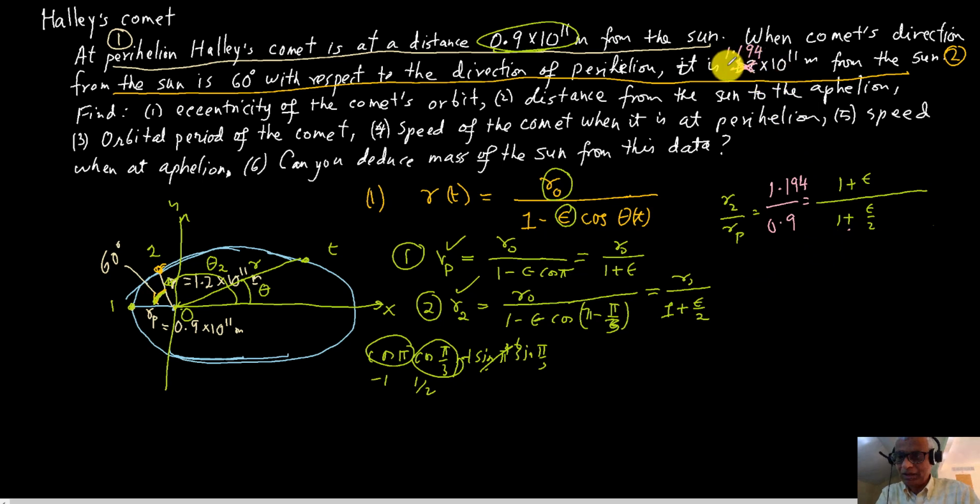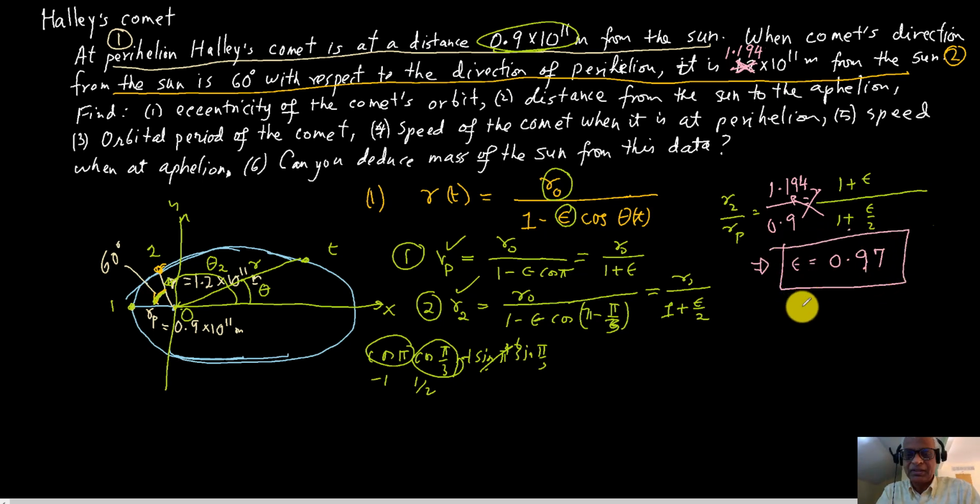So instead of that, I would use this number, and this number actually gives, after you cross multiply and simplify for epsilon, epsilon equal to 0.97, very close to 1. If you use the original number, it is epsilon equal to 1. So that's the answer for this. Let me check the book for the exact published value for eccentricity, and I think it's 0.